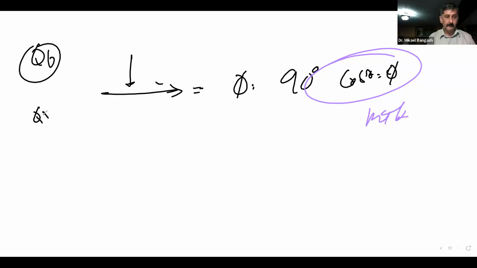Question number 7. What is the difference between speed and velocity? Now, I have probably talked about this so many times that you should be able to say that in your sleep.